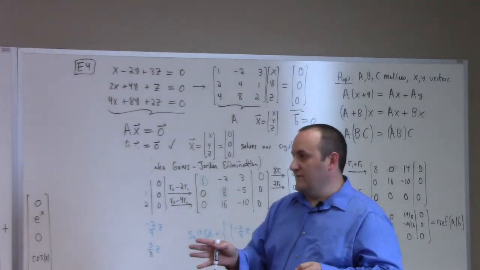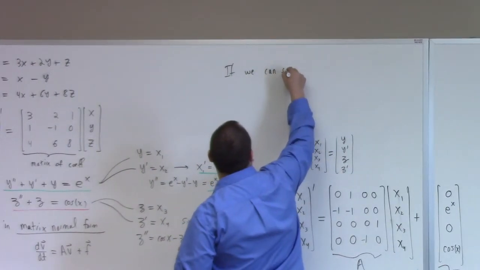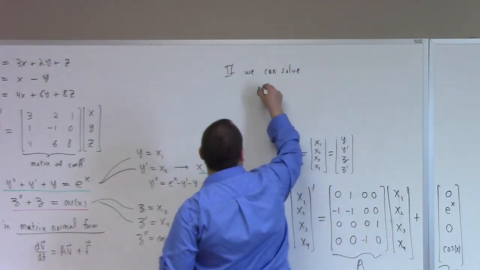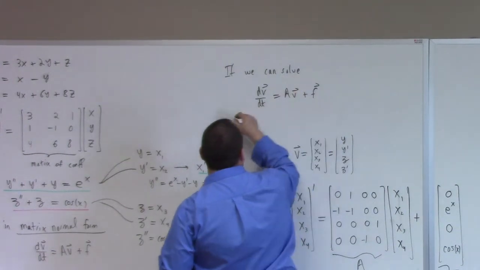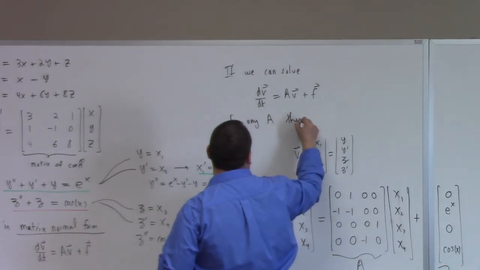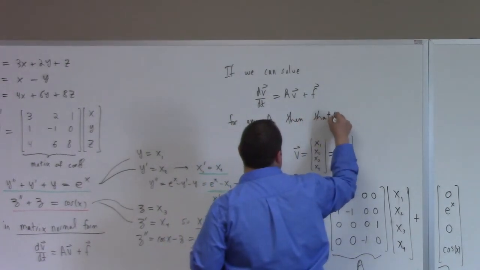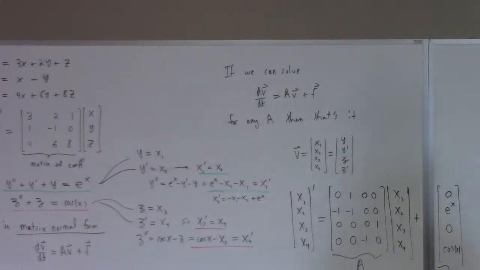So what I'm showing you is that if we can solve dv dt equals A v plus f for any A, that's it. All other linear systems can always be recast as a system of first-order differential equations. So if we can solve the first-order problem, we've got everything done.